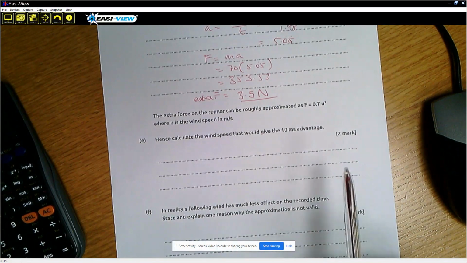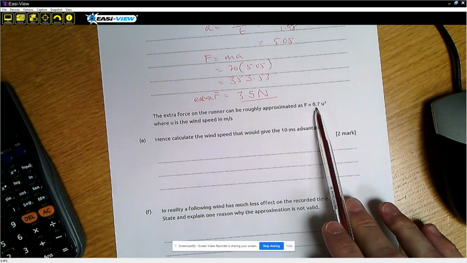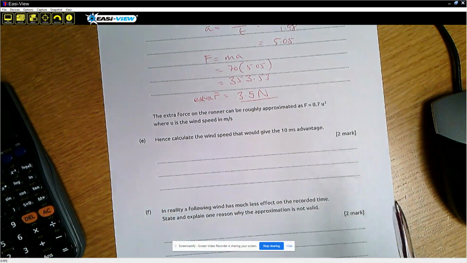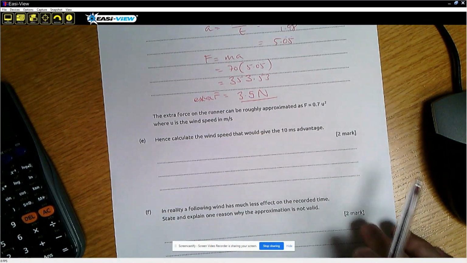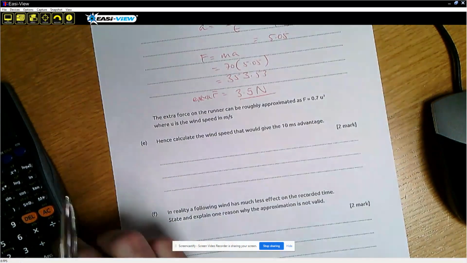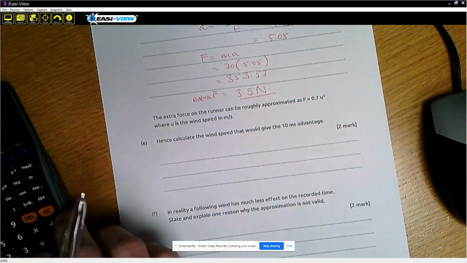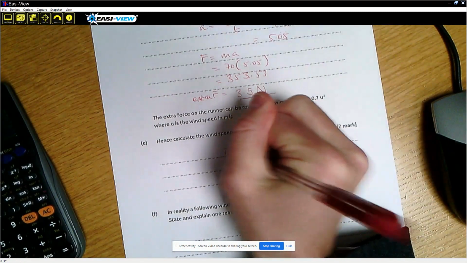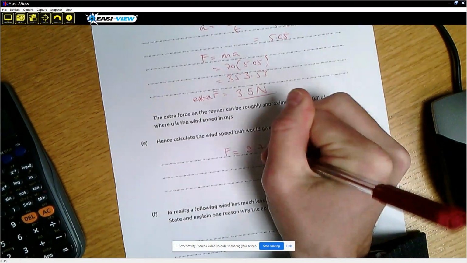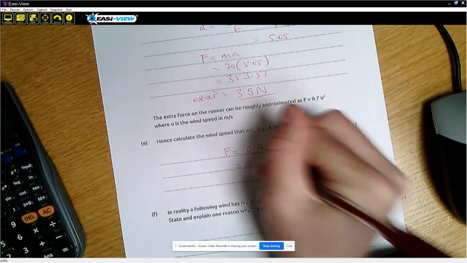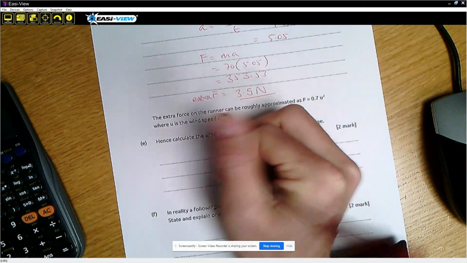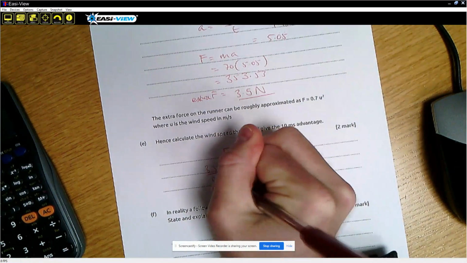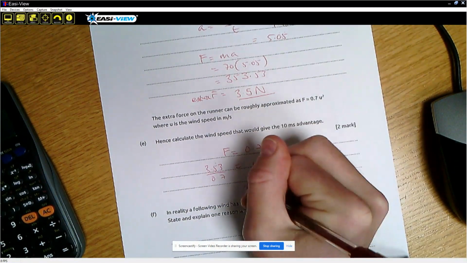So the extra force on the runner can be roughly approximated as 0.7u squared, where u is the wind speed. So we're asked to find what wind speed will give us that advantage. So we've got F equals 0.7u squared. So the F is 3.53, and again I'm going to use the unrounded value, divided by 0.7 is u squared.